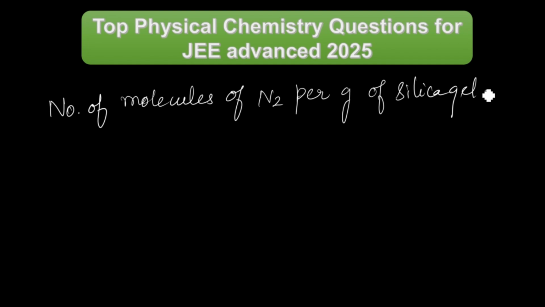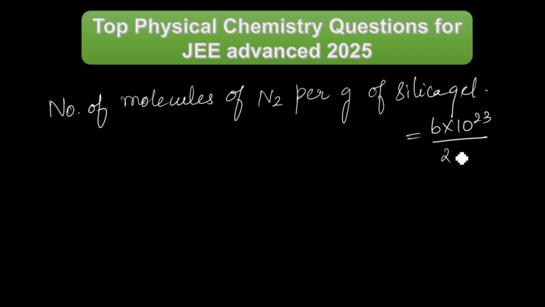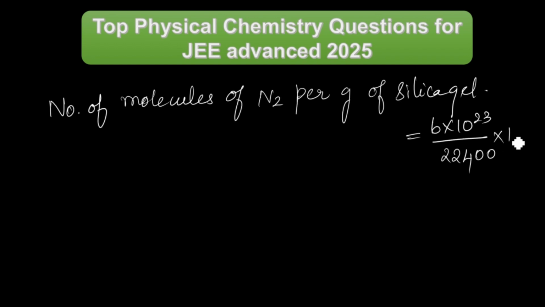So the number of moles, which is N by Na, where we take Avogadro number as 6 into 10 to the power 23, and 22.400 for the volume, that is 1.30. So 1.3 will give me 3.48 into 10 to the power 19.